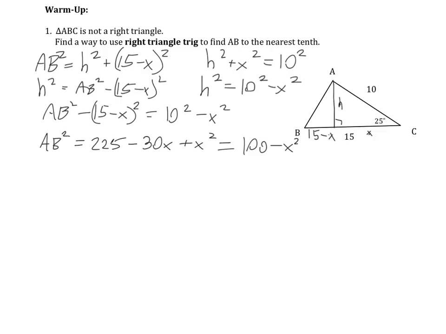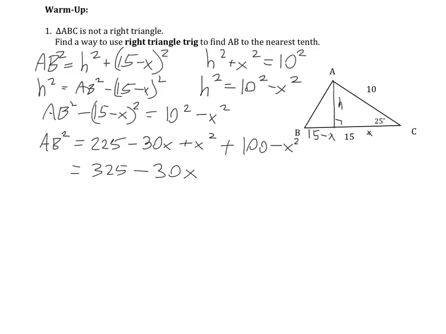Oops, that was supposed to be plus, my apologies. Once we have that, we want to just combine the like terms so we have something simple to work with here. So we're going to have 325, and the X squareds will cancel out, so we're left with 30X.